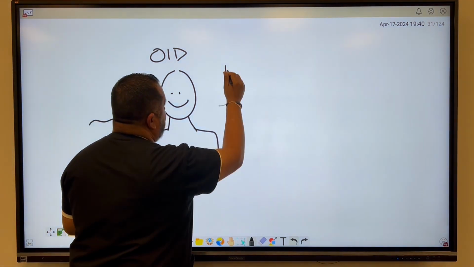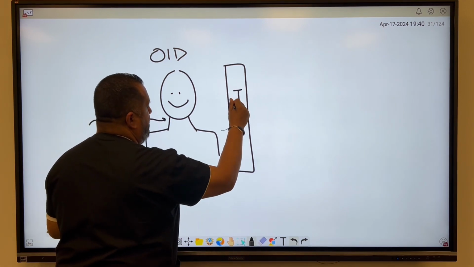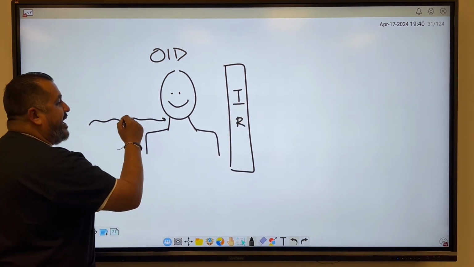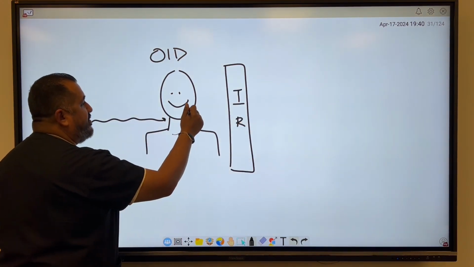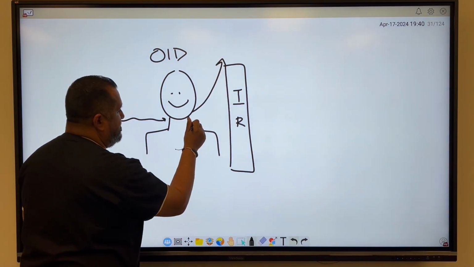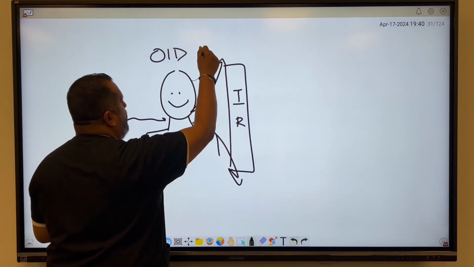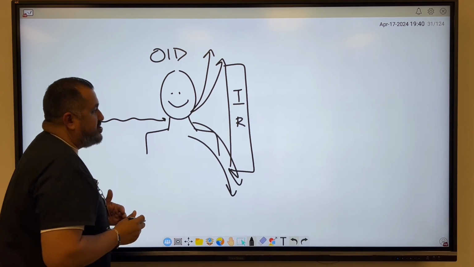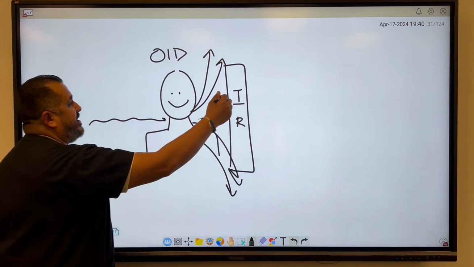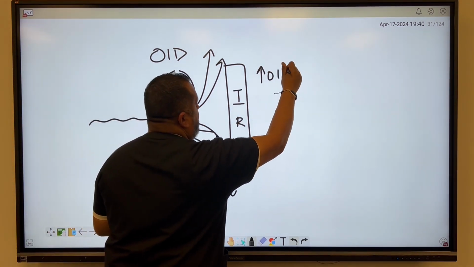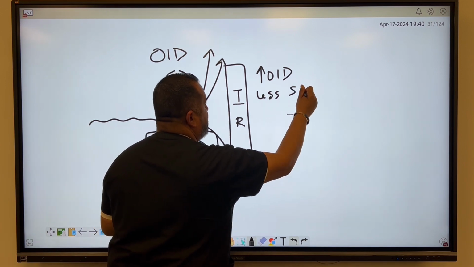So if you had your receptor here, your IR, when the X-rays go through, remember scatter diverges. Scatter goes off at weird, crazy angles. So when you have an increase of OID, you're going to have less scatter reach the receptor.